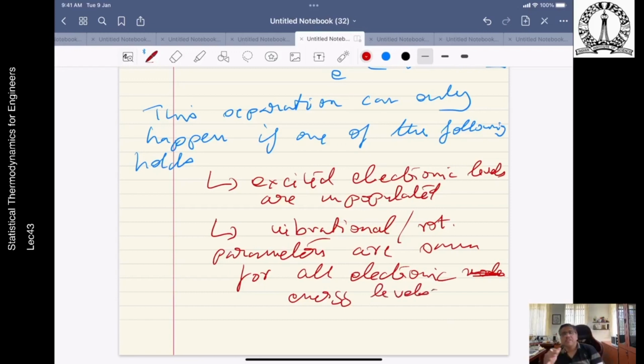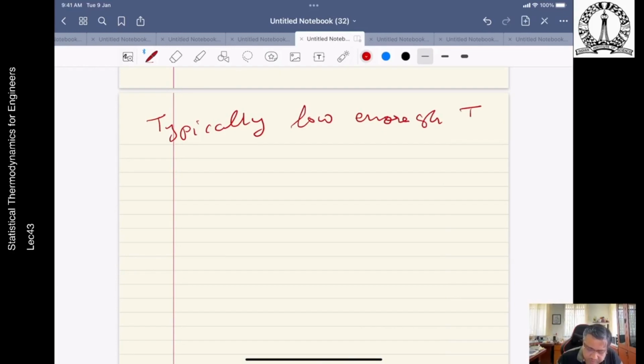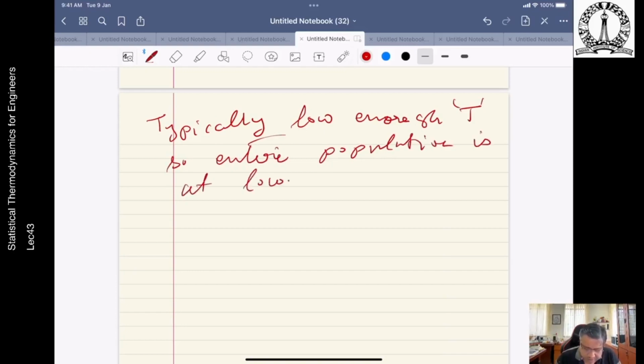Okay, so the most common scenario first is the presumption of sufficiently low temperature so that the entire molecular population is within the ground electronic state. So this happens typically if we choose a low enough temperature, so the entire population is at the lowest or ground state.